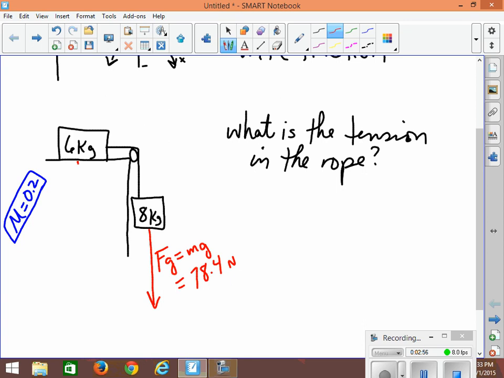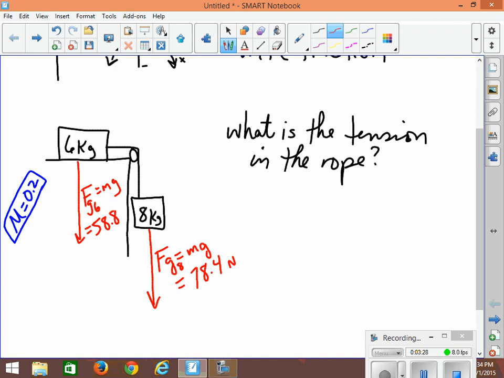Of course, gravity also pulls on the 6 kilogram block. I think we use subscripts Fg8 and Fg6 to keep track of these different gravity forces, because they're not all the same, and we wanted to make sure that we didn't confuse them. Fg6 is mg, so this would be 6 times 9.8, which is 58.8 newtons.